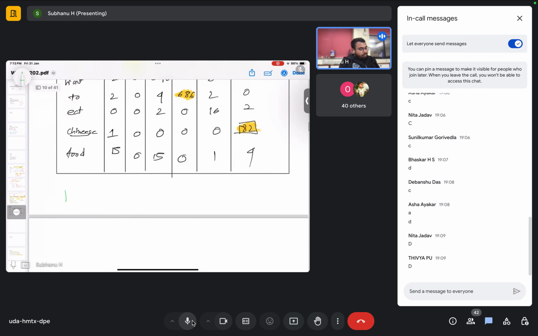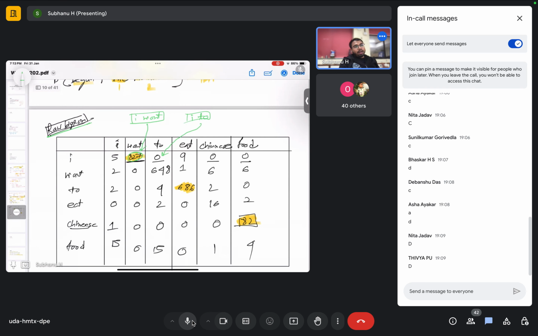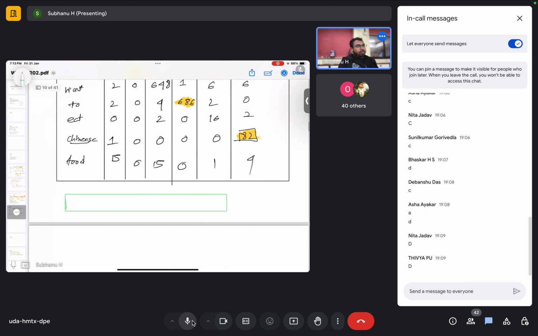Now, what does it mean by raw unigram table? I have told you the raw bigram, but not given you an intuition of raw unigram. Raw unigram means how many times each word appears. I appeared 2533 times in my corpus. Suppose I have a corpus.